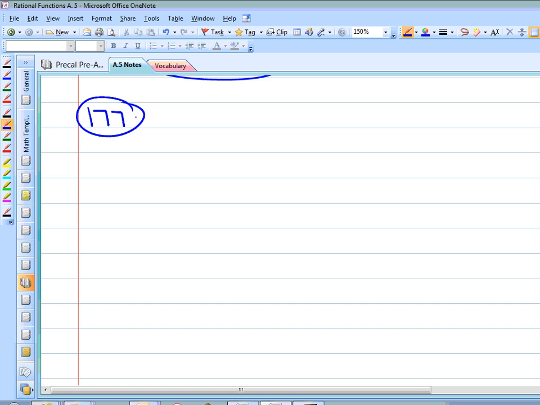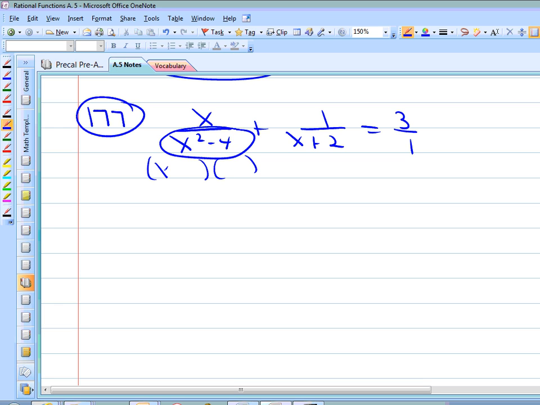All right. 177: we get x over x squared minus 4 plus 1 over x plus 2 equals 3. Again, we're going to put the 3 over 1, and we're going to look at what is contained in this denominator. If I break this denominator out, this is x plus 2 and x minus 2.